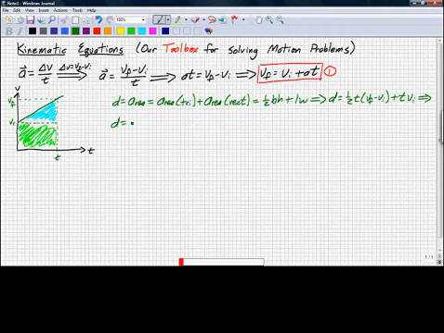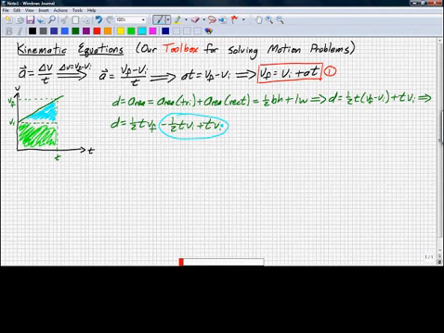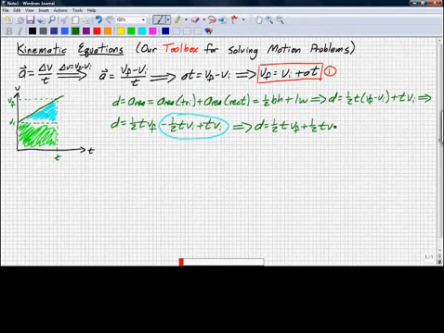Say that d equals 1/2 t vf minus 1/2 t vi plus t vi. And we can take these two. t vi minus 1/2 t vi is going to leave us with 1/2 t vi. And say that our displacement equals 1/2 t vf plus 1/2 t vi.